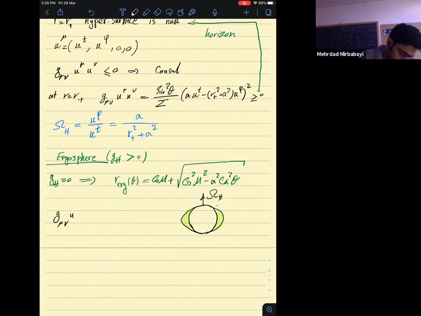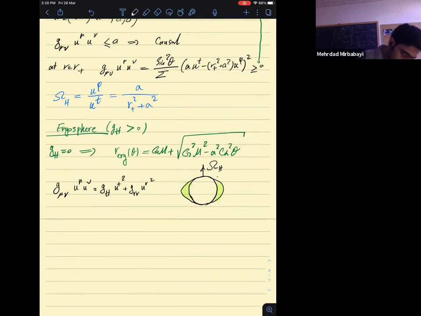If we look at a generic four-velocity, then g mu nu U mu U nu is equal to GTT UT squared plus GRR UR squared, plus G theta theta U theta squared plus G phi phi U phi squared plus twice GT phi UT U phi.